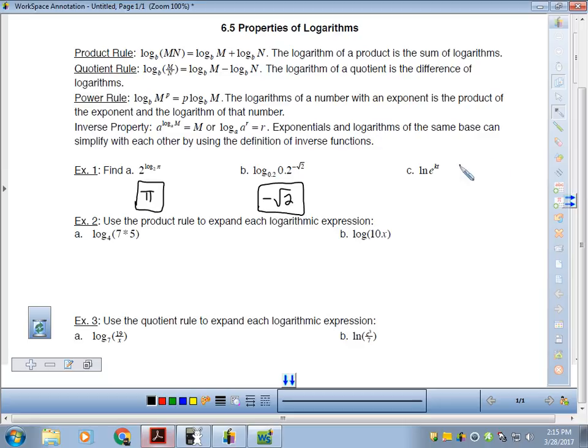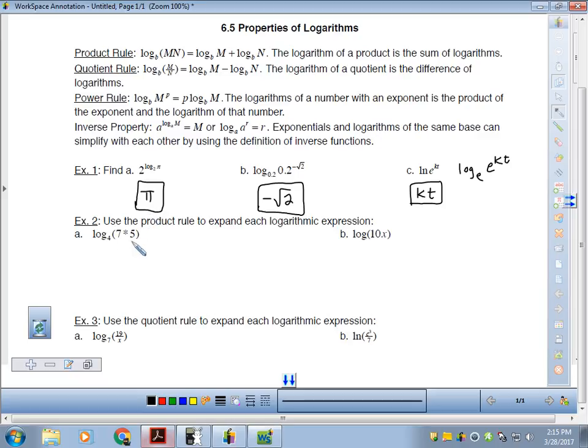Remember that ln is a log with a base e. So this is a logarithm with a base e and an exponential with a base e. They will cancel out, and so we'll just get kt. And so all three of those just used our inverse property here to allow us to cancel out logarithms and exponentials.